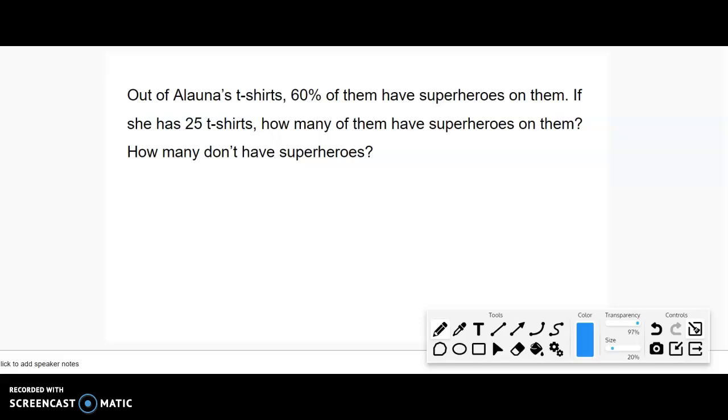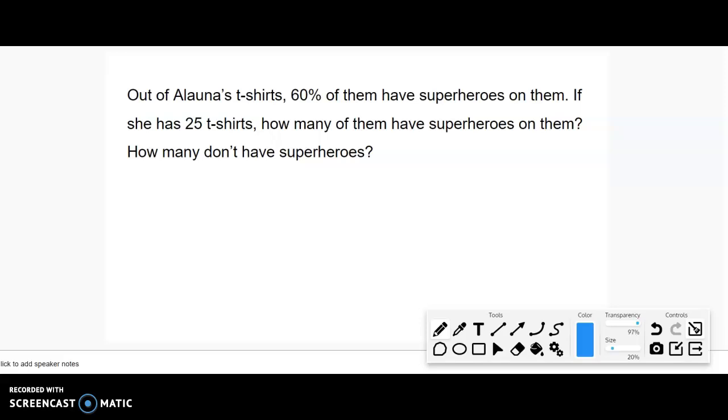Out of Alana's t-shirts, 60% of them have superheroes on them. If she has 25 t-shirts, how many of them have superheroes on them? How many don't have superheroes? So this is a little harder because we are trying to figure out, what is 60% of 25? Right? If we can see all the 25 shirts, we need to figure out, well, what's 60% of that?